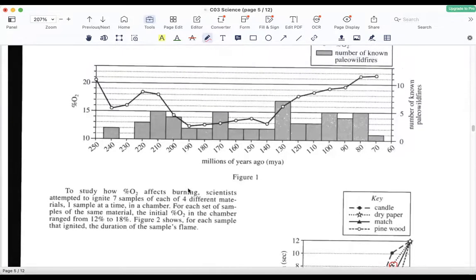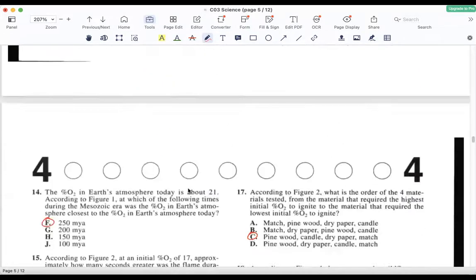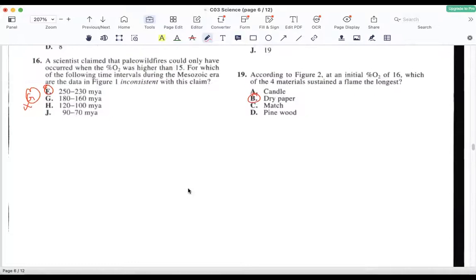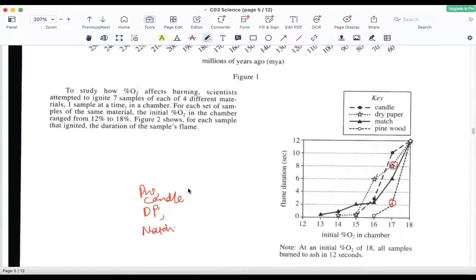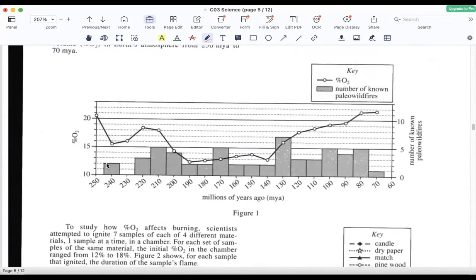Percentage oxygen was less than 15. Okay, but then why is 250 to 230 wrong? This is happening here, right? You have percentage oxygen less than 15, and you know that there are wildfires here.